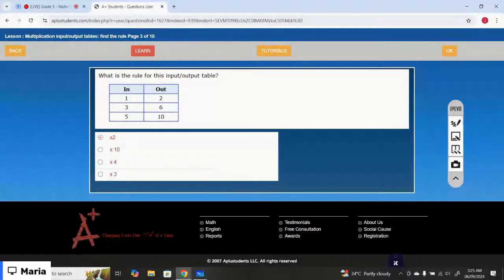The correct option is 2, because 1 times 2 is 2.